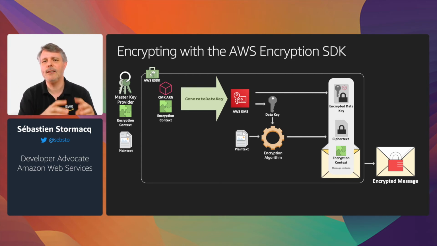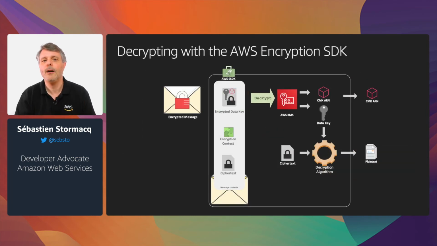And the encryption SDK will manage the low-level details of the communication with KMS. So for example, it will create a data key for you transparently, encrypt your data, create the envelope to store your encryption context, your encrypted data key, and your encrypted document, and give you back that envelope. And to decrypt, it's the same.